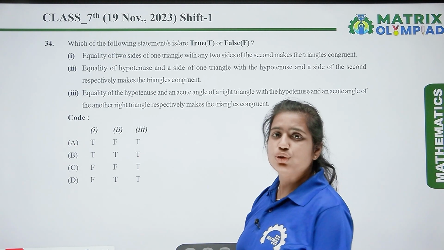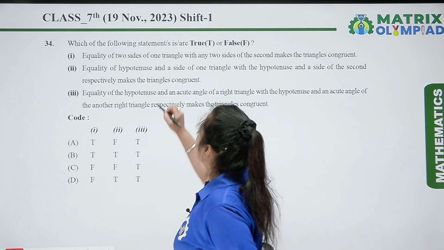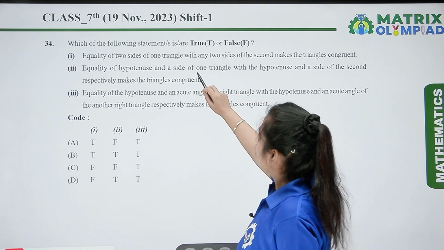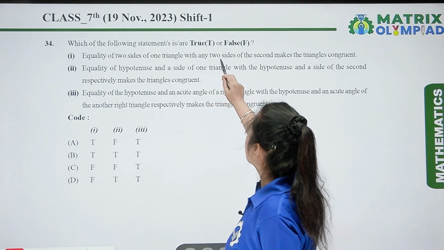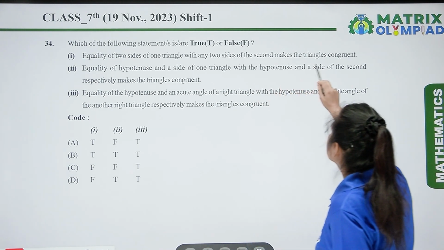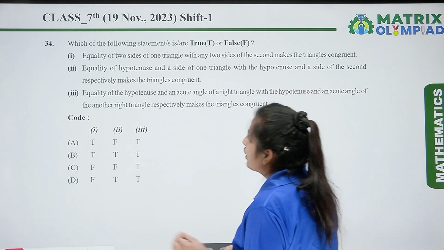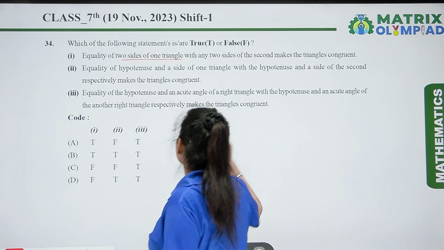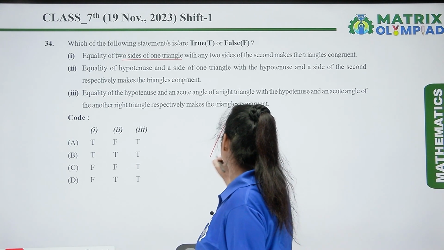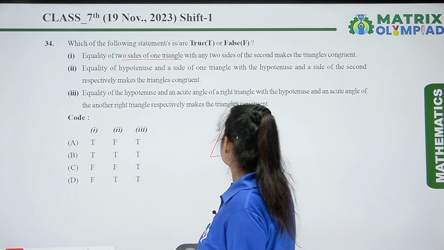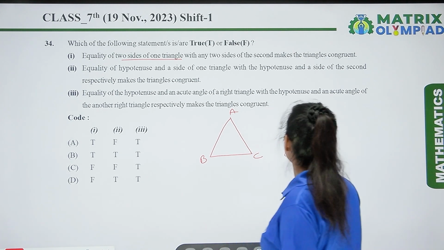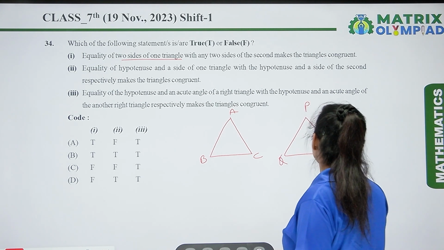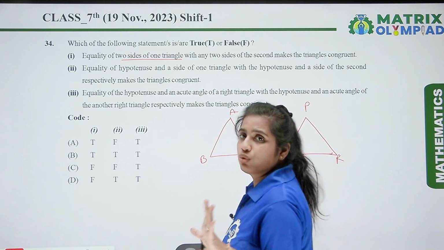Now the next question is question number 34. Which of the following statement is true or false? Equality of two sides of one triangle with any two sides of second makes the triangle congruent. So here the statement says that equality of two sides of a triangle. If this is a triangle, this A, B, C and let it be P, Q, R. So these are the two triangles.